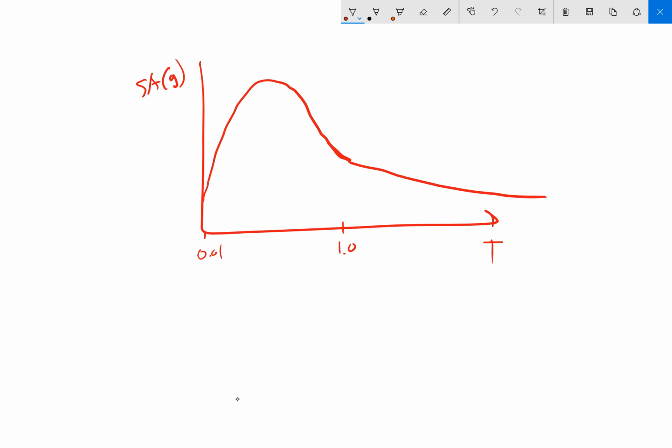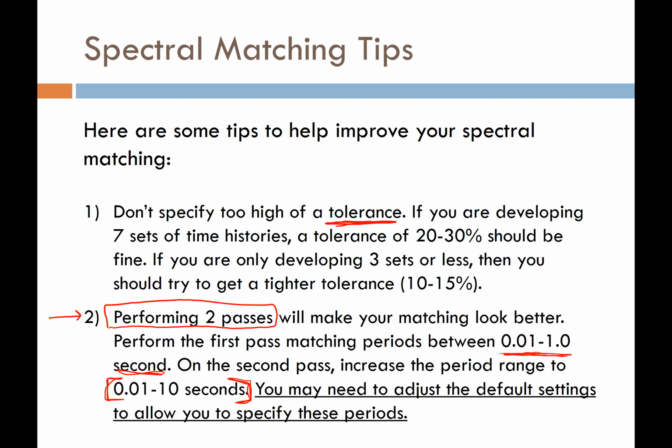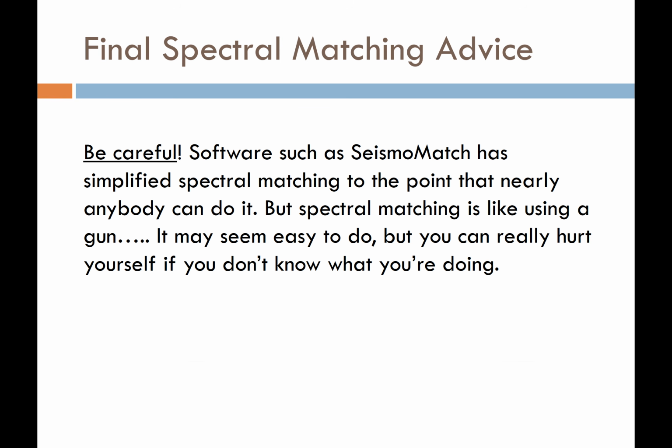So because we have this curvy section up here, that's why we're doing 2 passes on it, because it's kind of hard for our computer program to try to match the response spectrum to that curvy portion. In order to do this, just be aware that you may need to get into your default settings within RSP Match to specify these periods.